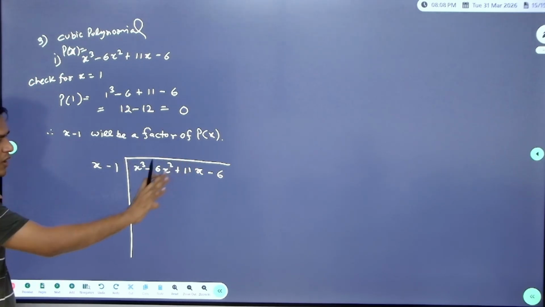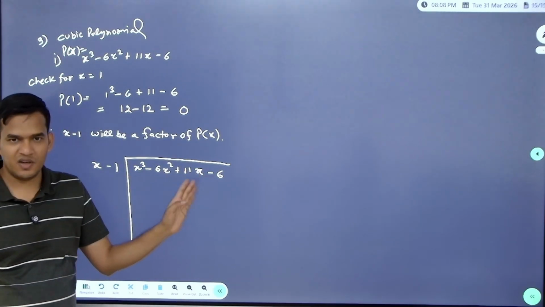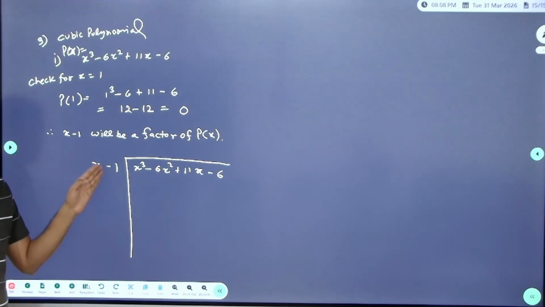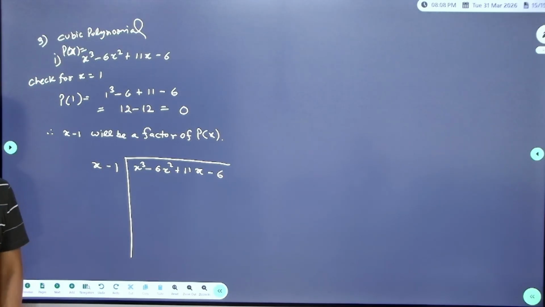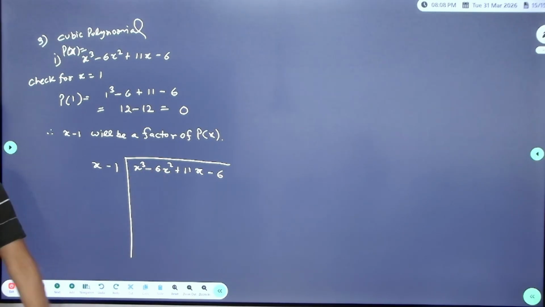Okay, this is in proper order: higher degree term followed by the lower degree term. This is also in the order higher degree followed by lower degree. That you have to ensure. This is already in the proper order. Now divide this x cube, the first term of this, with the first term of this. So x cube divided by x. What will you get? x square.